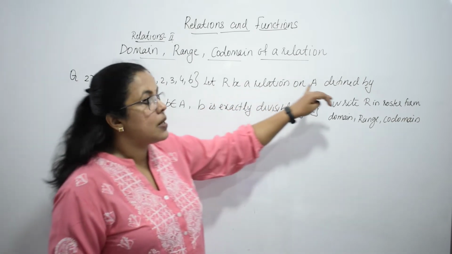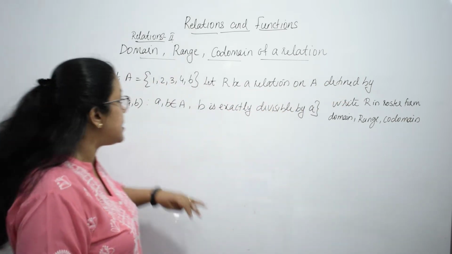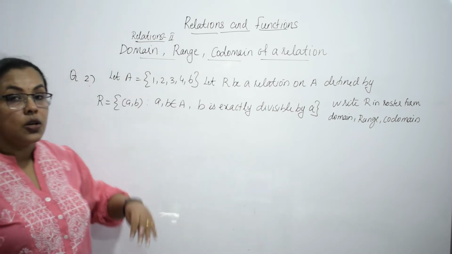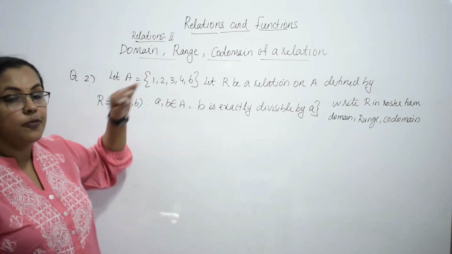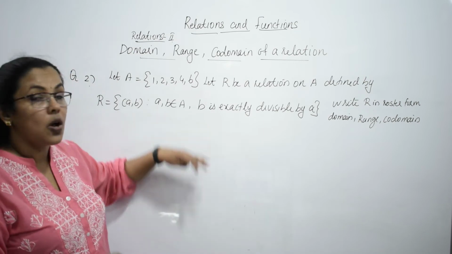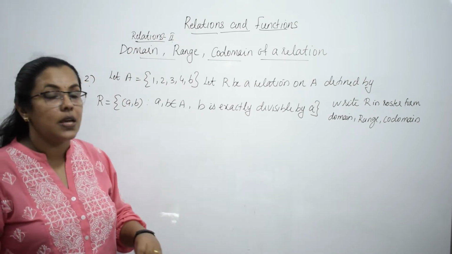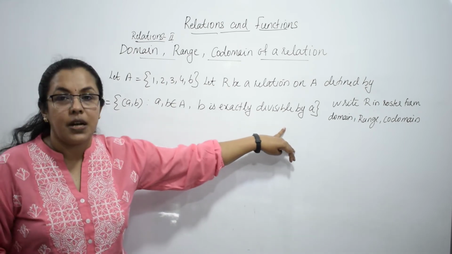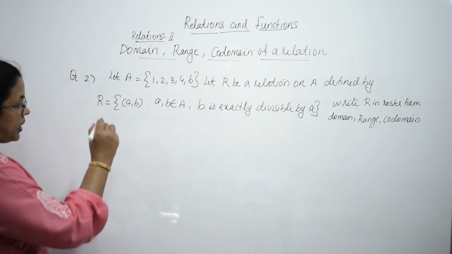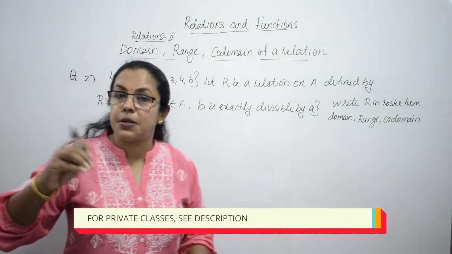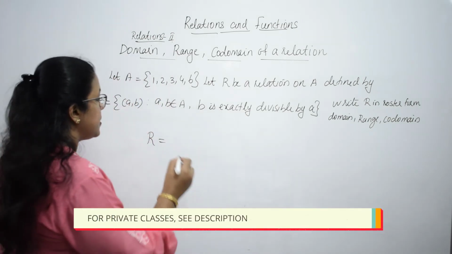We know R is a relation on A means R is a subset of A cross A. We have to write those elements of A cross A which satisfy this condition. Let us try. We know every number is divisible by itself, isn't it?